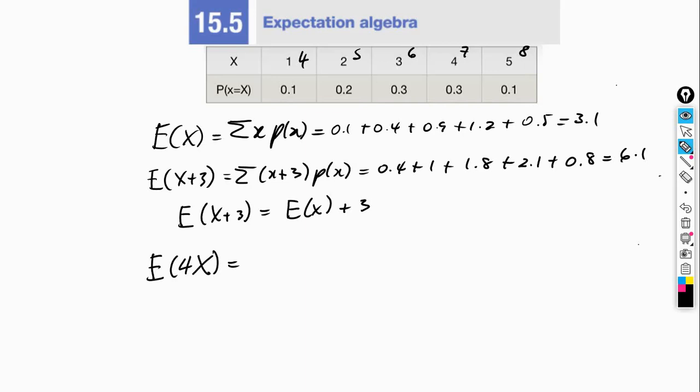So this number here would be 4. This would now be 8, 12, 16, and 20. So let's find the new expected value.